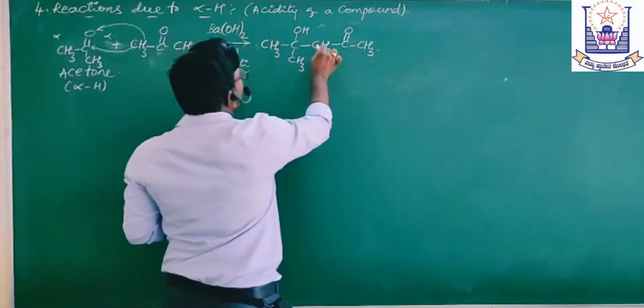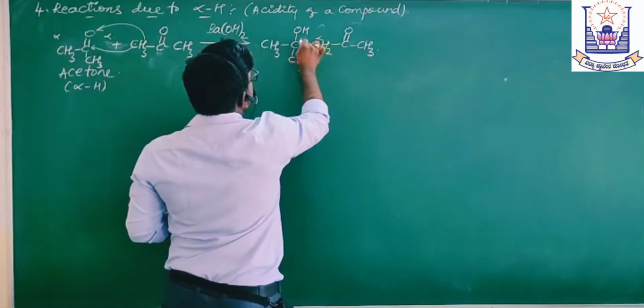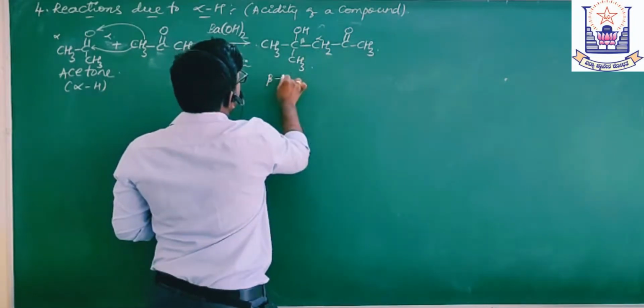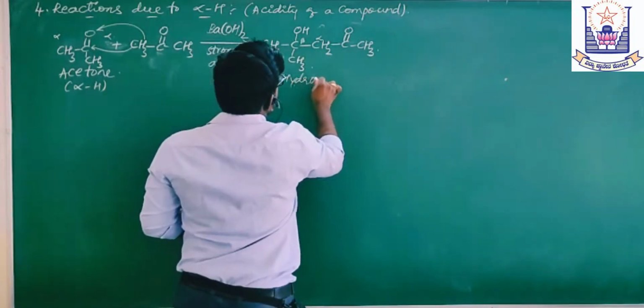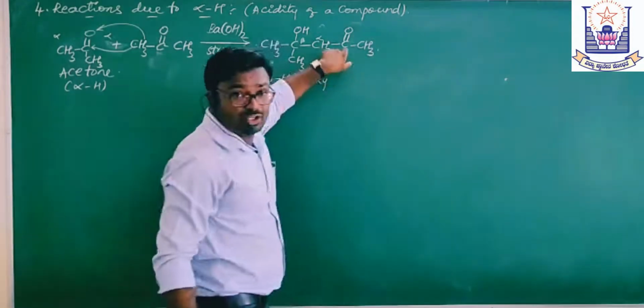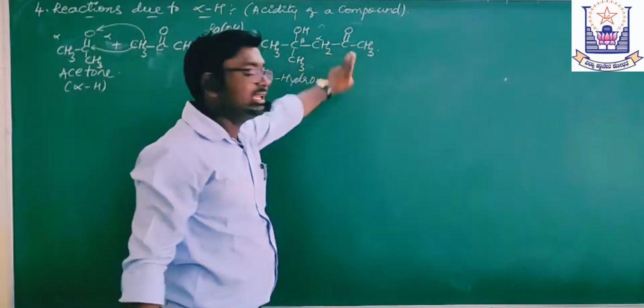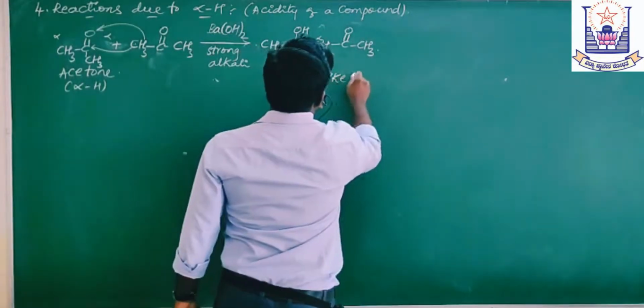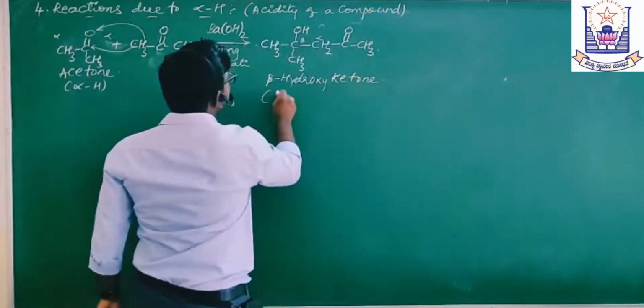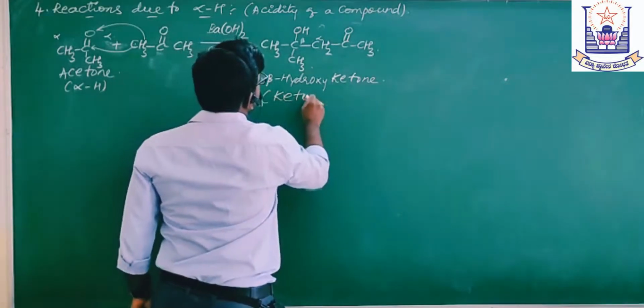See, this is the alpha carbon, this is the beta carbon. Beta hydroxy. What is this? It is not the aldehyde. It is not CHO, it is COCH2, meaning ketone. Beta hydroxy ketone. That is why it is called a ketol.